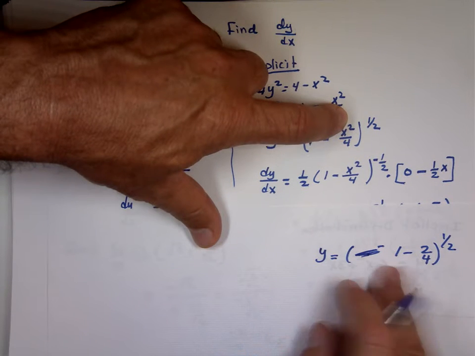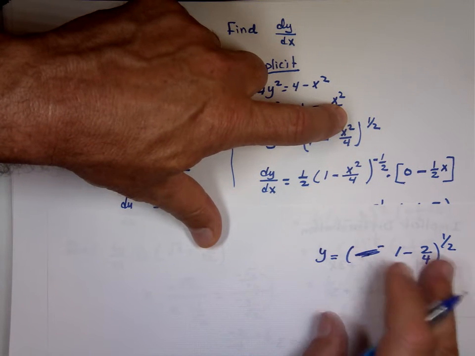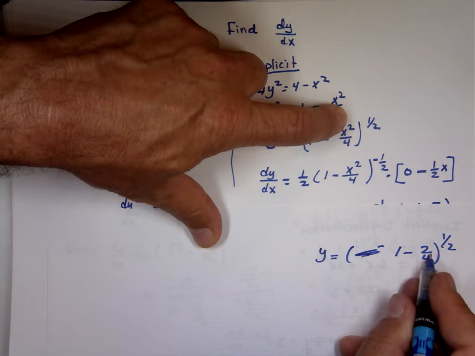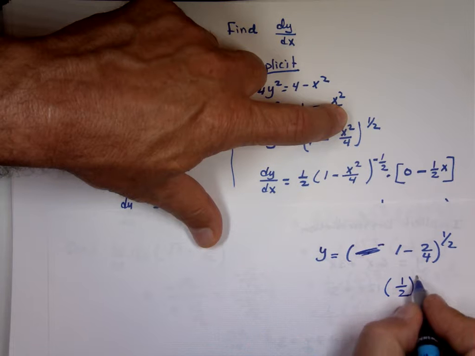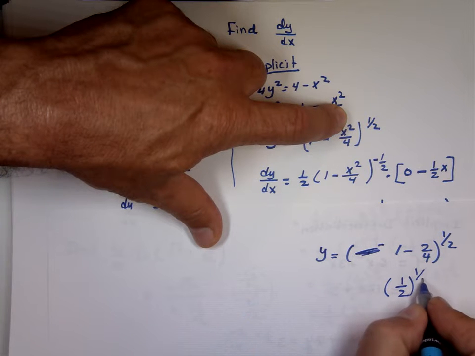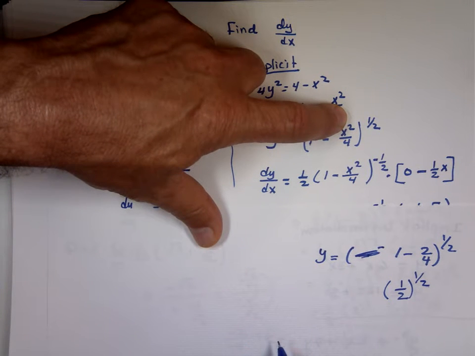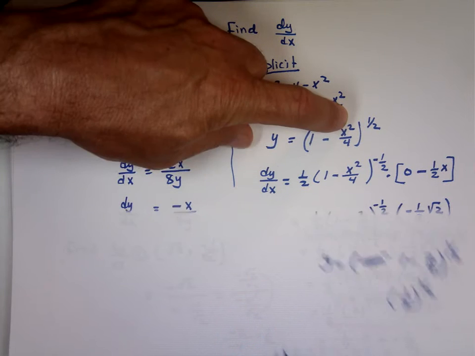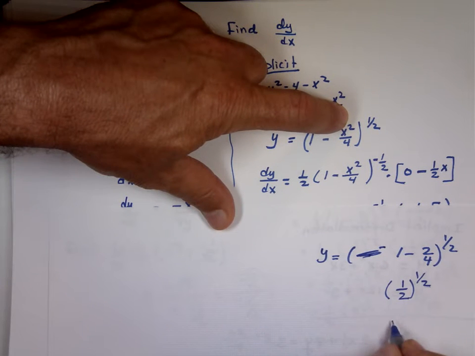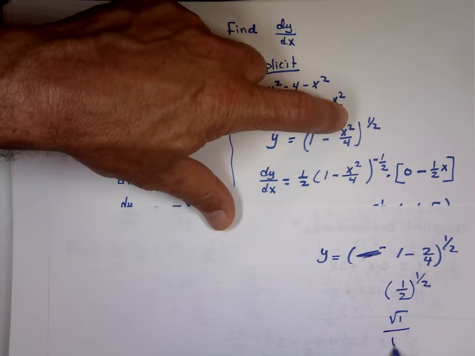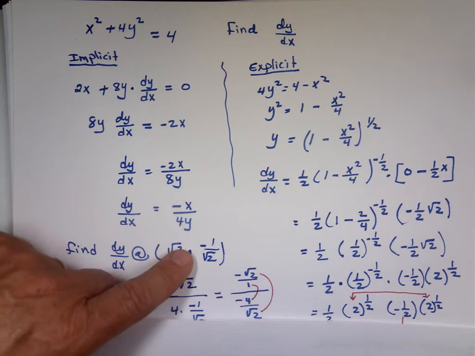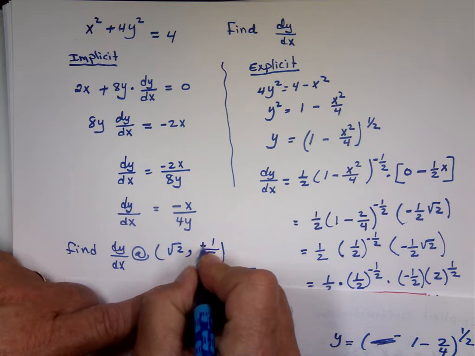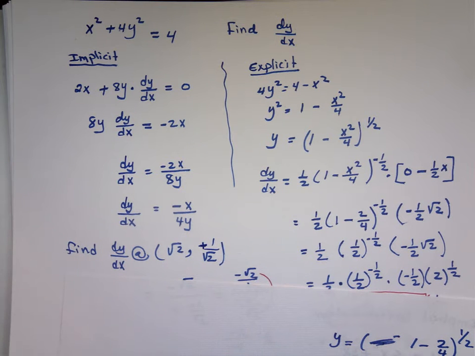What's 1 minus 2 over 4? 1 minus a half, that's a 1/2 to this power of 1 over 2, or the square root of that. So that's the square root of 1 over the square root of 2. There shouldn't be a minus here, it should have been a plus. I wrote that point wrong there. Tried to do it quickly in my head there.